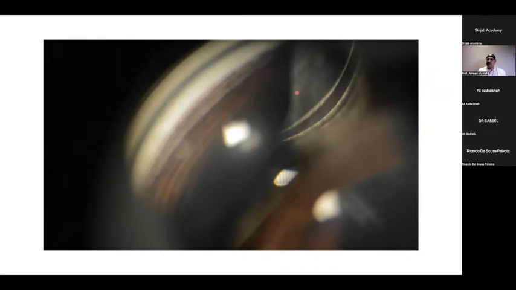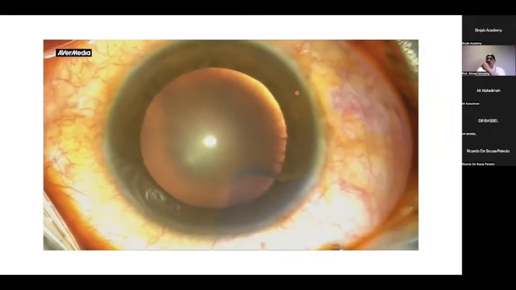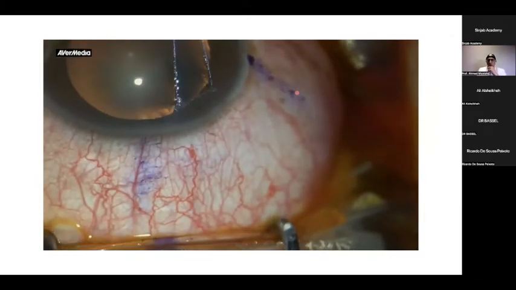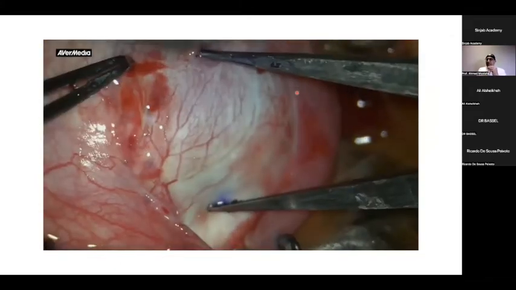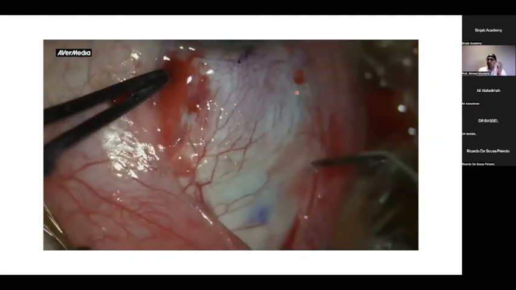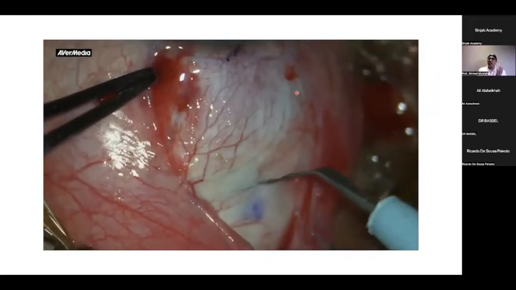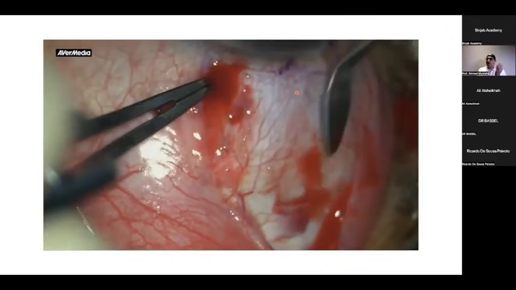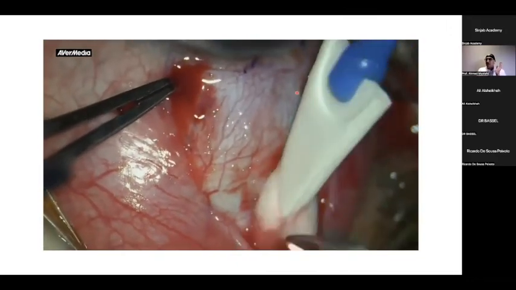But at the end of the day, this patient is having extensive angle recession, together with glaucoma. So the best treatment option in angle recession is still not settled. But I planned here to go for cataract surgery and combine this cataract surgery with valve implantation.